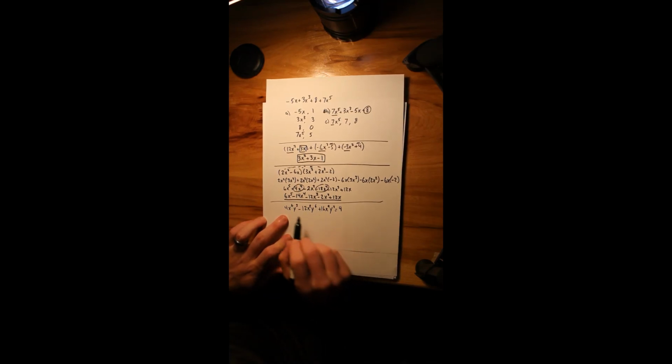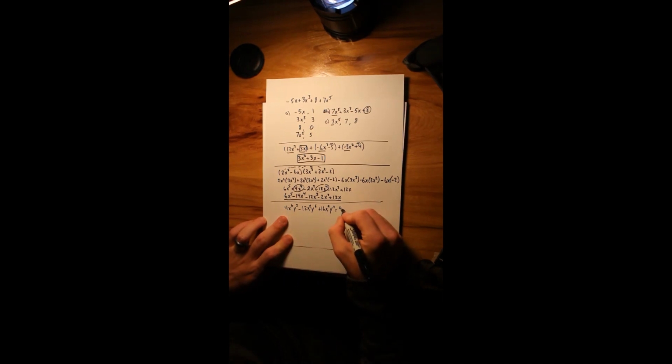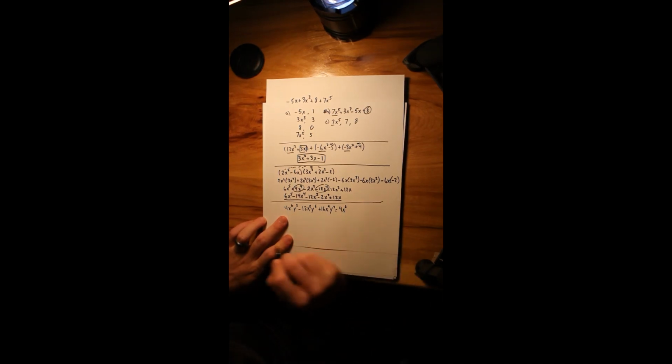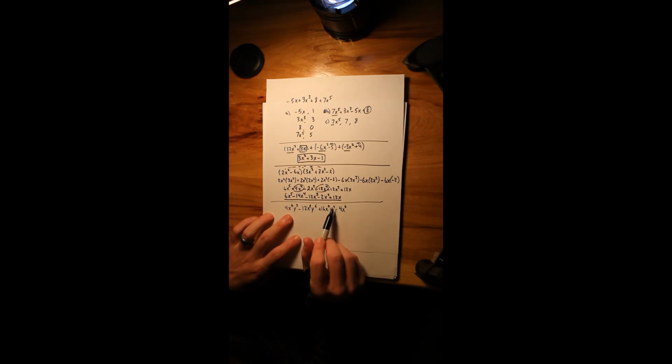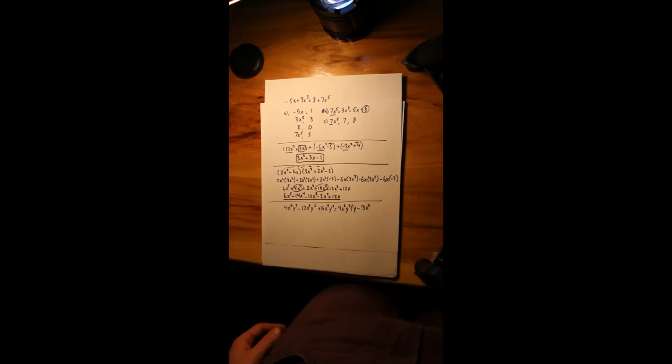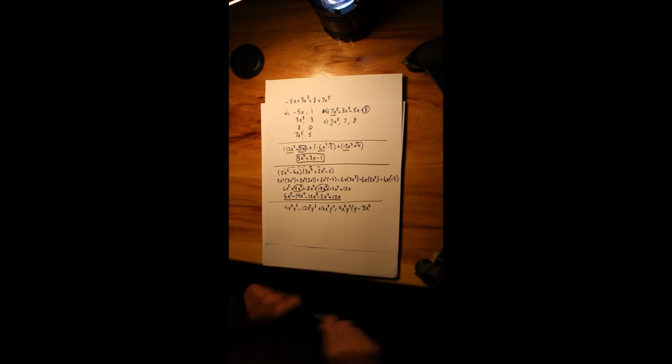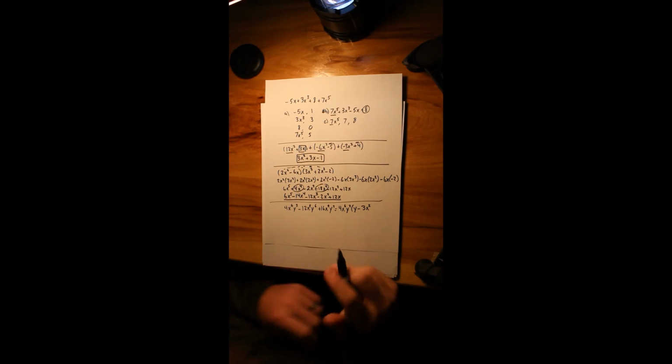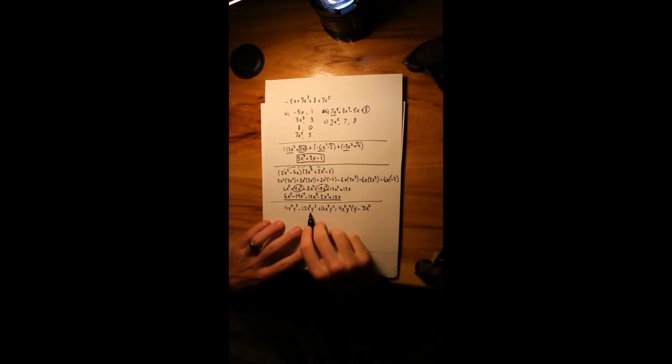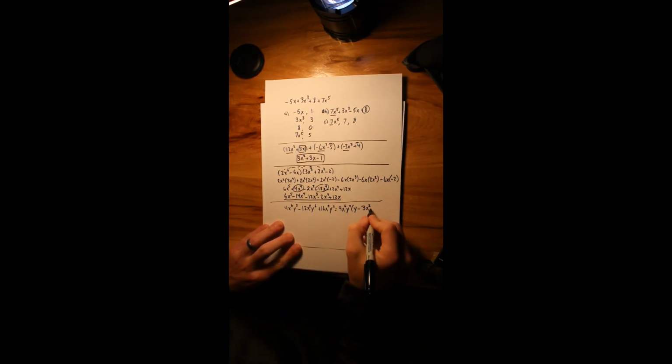Then I have to look at the powers for the variables. I find the variable x that has the lowest power. Well, that's a 6. So 4x to the 6. Then I have to go to y and find the same thing, the smallest power for y. Well, that's a 3, that's a 6, that's a 2. So y squared. And then we have y to the 6 and y squared, so that's going to be y to the 4.